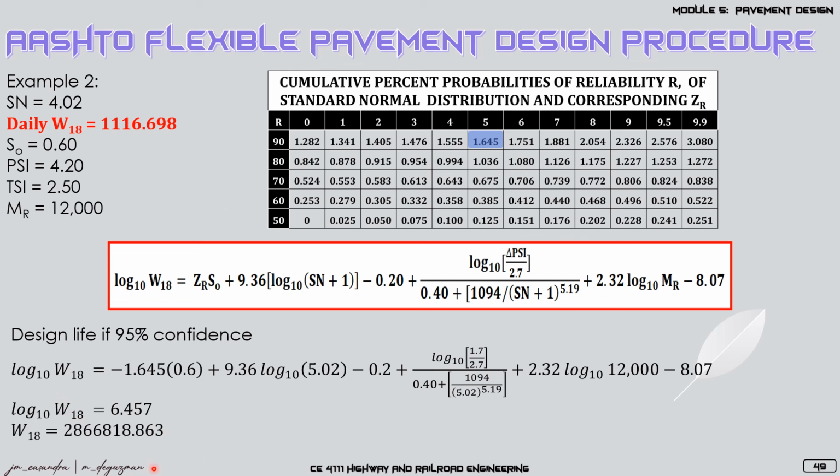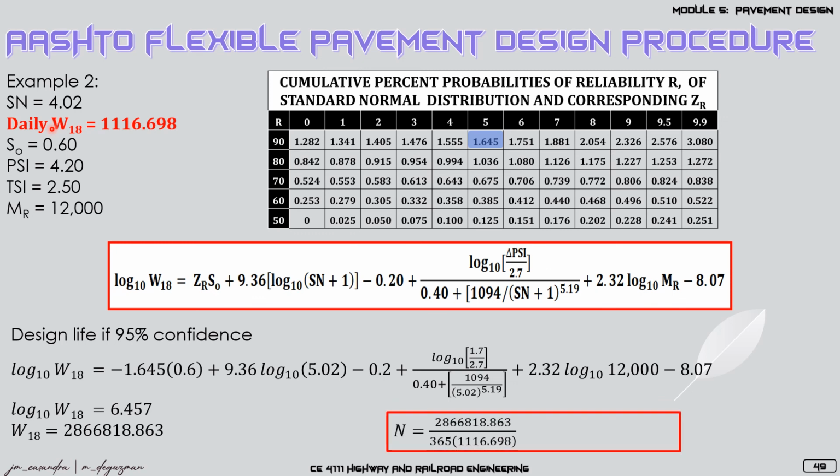For our design, W18 for our pavement is 2,866,818.863. So given now our total, or your accumulated traffic for the entirety of the life of the pavement, and given our daily W18, the number of years will be equivalent to your design W18 divided by the daily axle load.